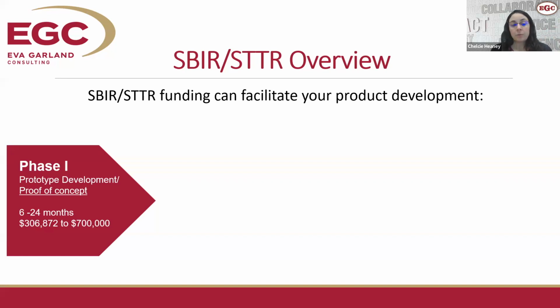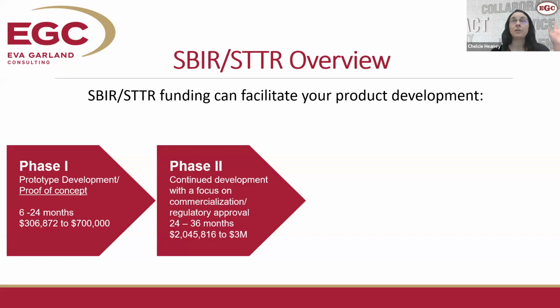So when you're done with your phase 1, that makes you eligible for your phase 2, which is more focused on, you've completed that proof of concept, proof of feasibility. In phase 2, there may still be some work to finish for development, but you're more focused also on commercialization and getting market approval or regulatory approval.